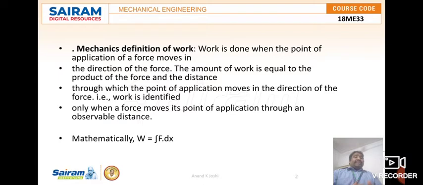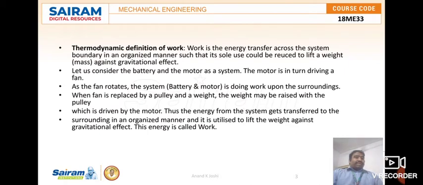So what about the meaning of work in thermodynamics? Let us see. In thermodynamics, work is the energy transfer across a system boundary in an organized manner, in such a way that the sole effect could be reduced to lifting a weight against the gravitational effects.